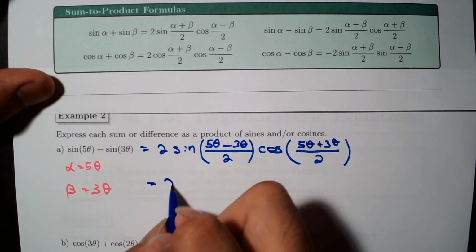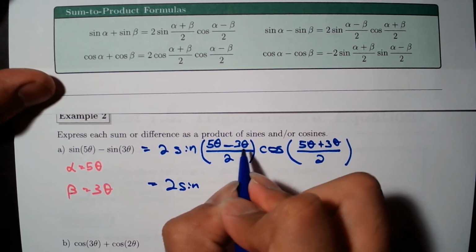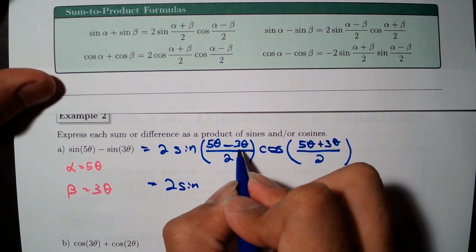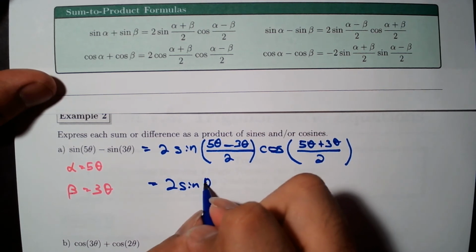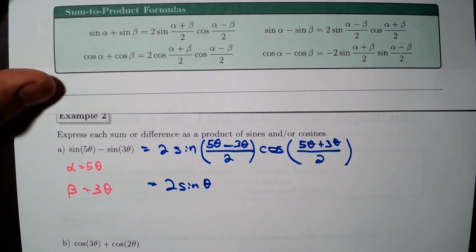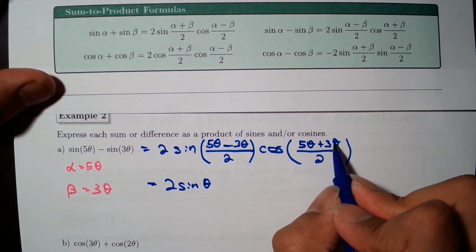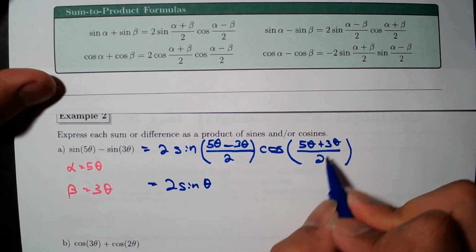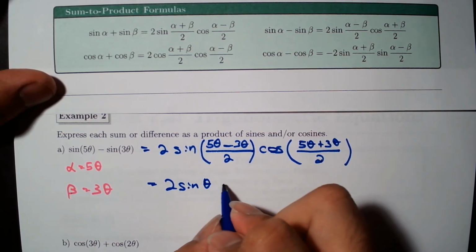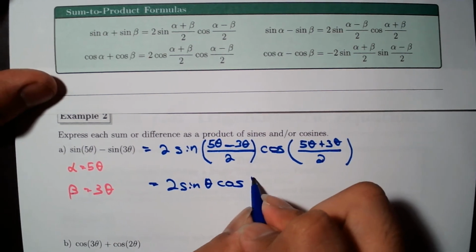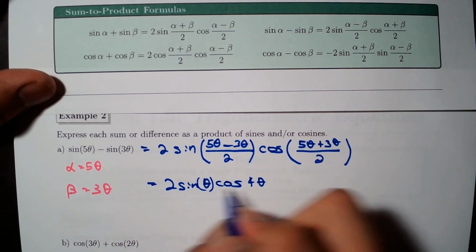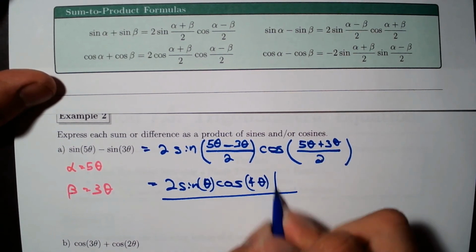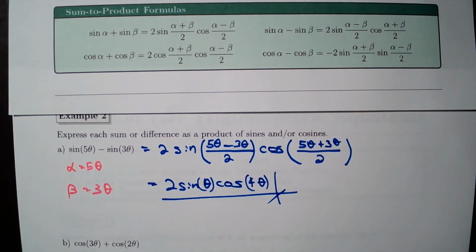That's 2 sine of 5 theta minus 3 theta, that's 2 theta, 2 theta over 2, that's theta. And 5 theta plus 3 theta, that's 8 theta, 8 theta over 2, that's cosine 4 theta. And that's all we do.